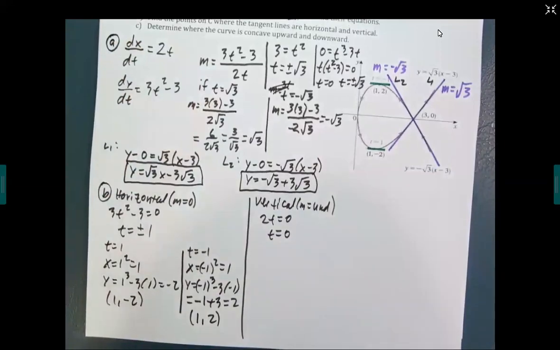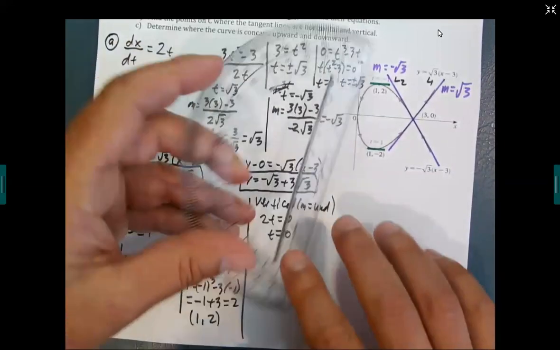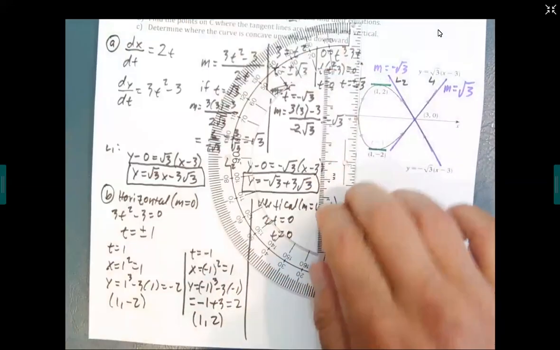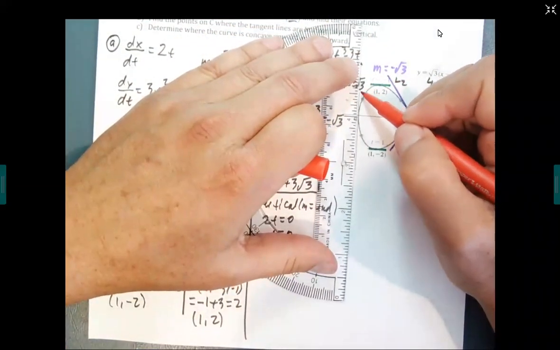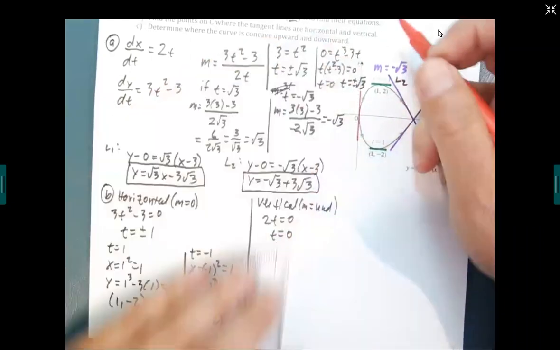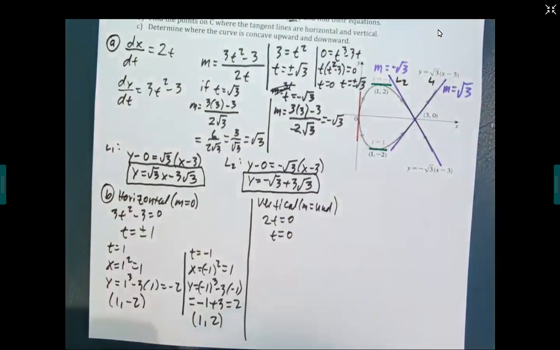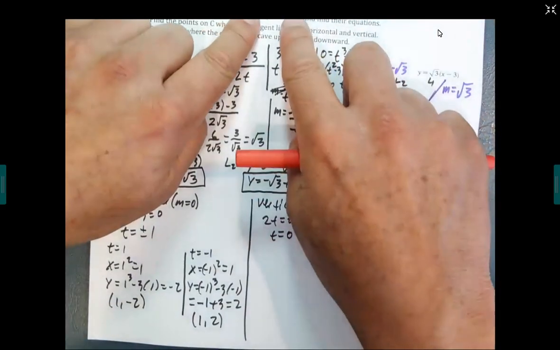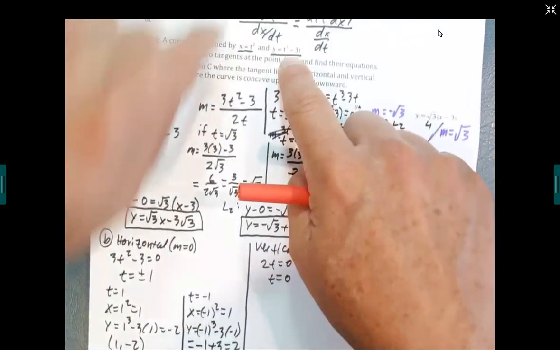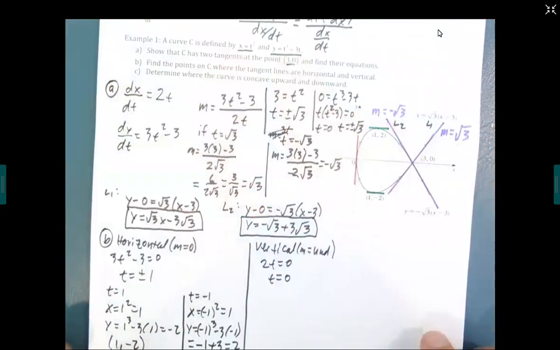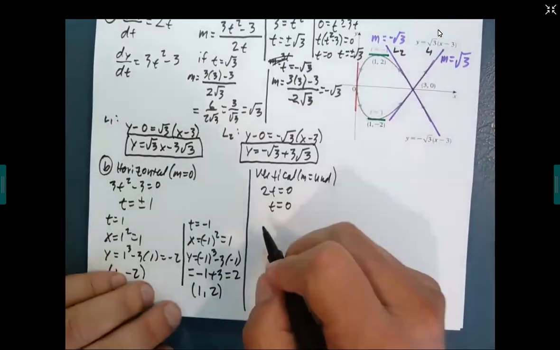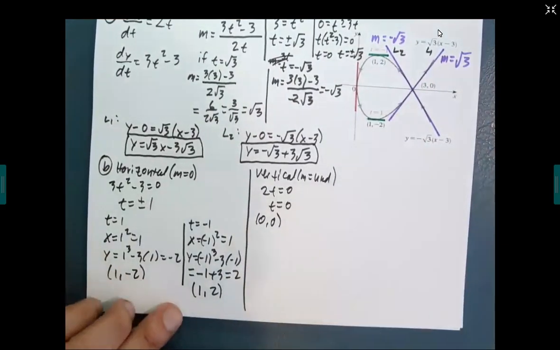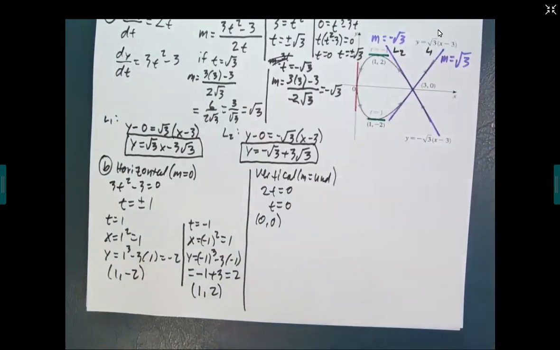And we can see we have a vertical tangent line right there. And when t equals 0, when you plug that into here and here, we're going to get that x and y are both at 0, 0. So the point 0, 0. And again, our graph, everything's jiving together here.